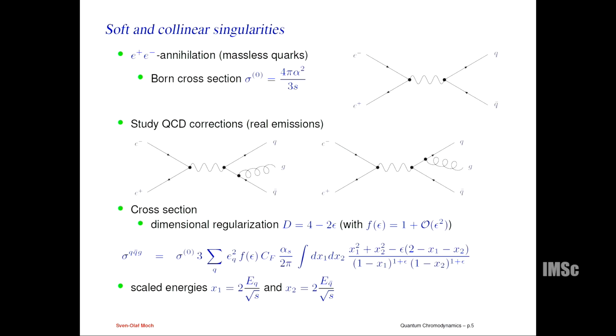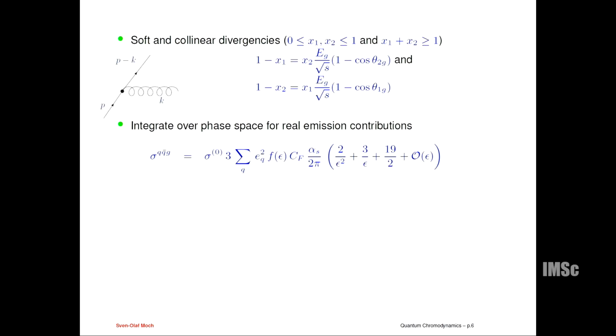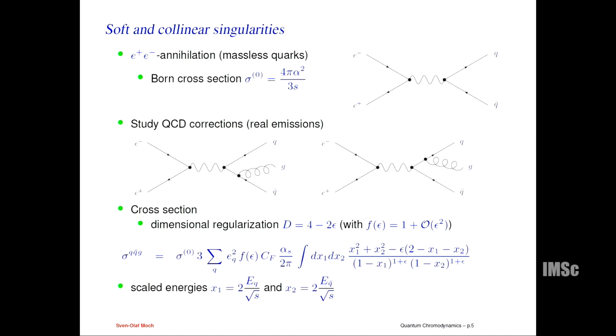We can also rewrite that one in terms of the rescaled gluon energy and 1 minus the cosine of the angle between the gluon and the quark. So in each of those two expressions we have a soft singularity when the gluon has vanishing energy, and a collinear singularity depending on whether the gluon becomes collinear to the quark or the antiquark.